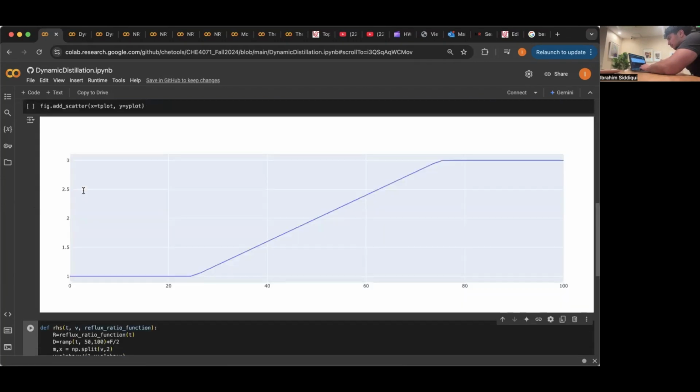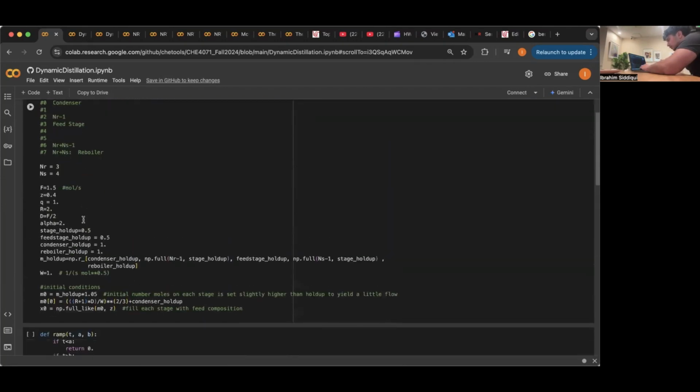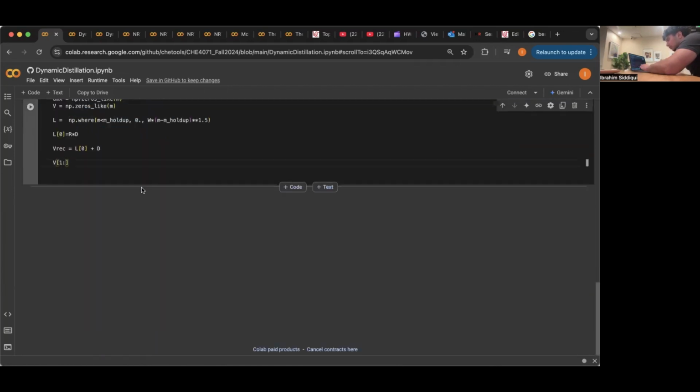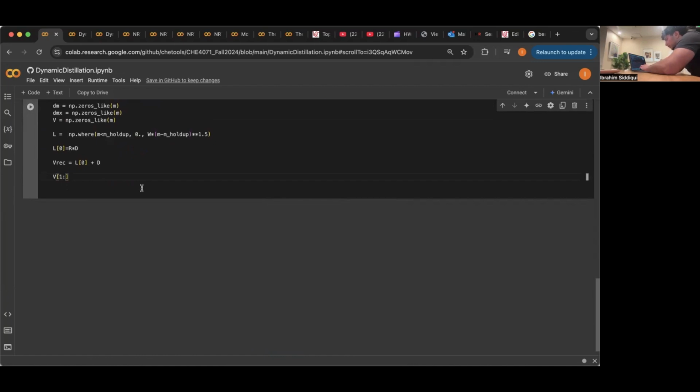So that stage up here. Right, so our NR plus 1 stage after our feed stage, before the reboiler. So NR plus 1, and we're going to close this, and then this is going to be equal to our VREC.